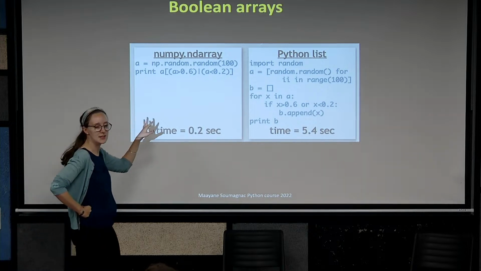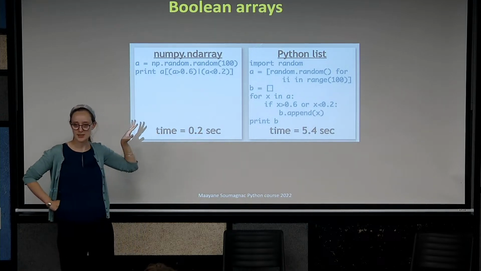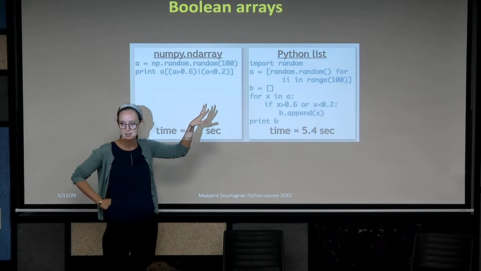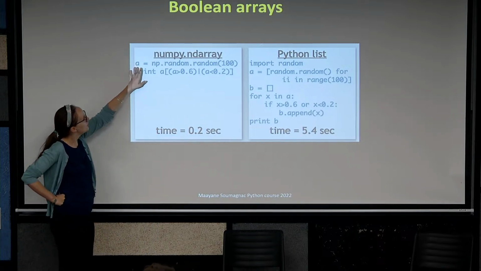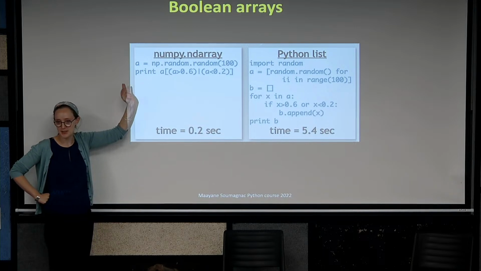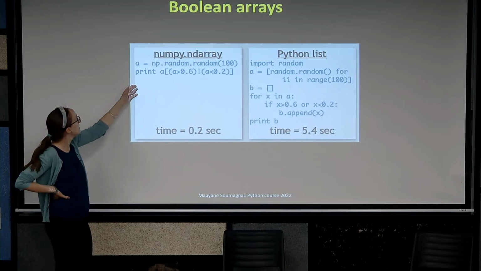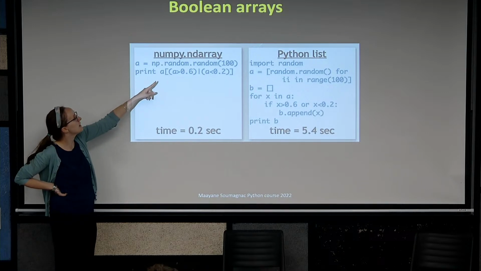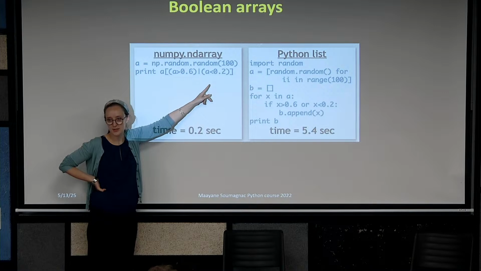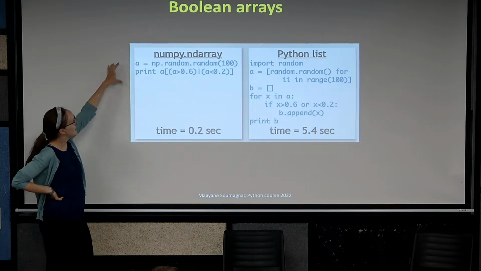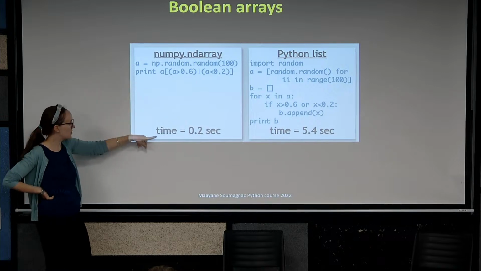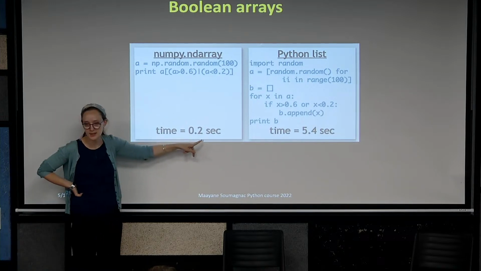So this is basically the same operation, which is executed once with a NumPy array and once with a list. I have a big array with 100 random numbers, and I want to print only the numbers that are higher than a certain value and smaller than a certain value. So you see how compact it is to write it in NumPy, and this operation takes 0.2 seconds.